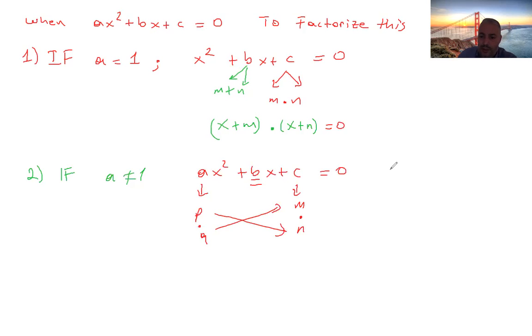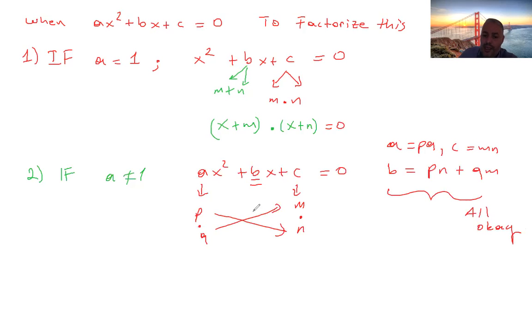It must be b, so I am writing b is pn plus qm, and a is pq, c is mn. When they are all satisfied, we write x and x. So px plus m, horizontally, px plus m times qx plus n equals 0. That's it.